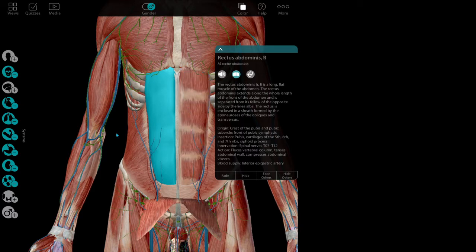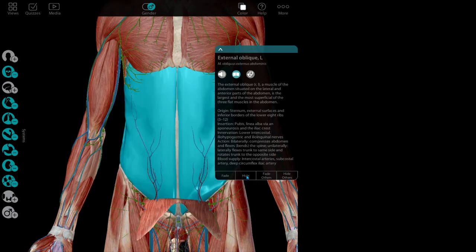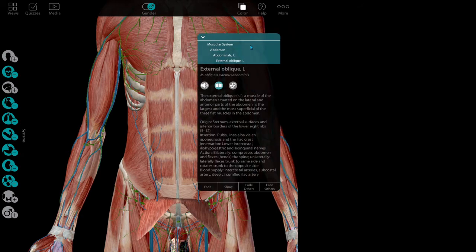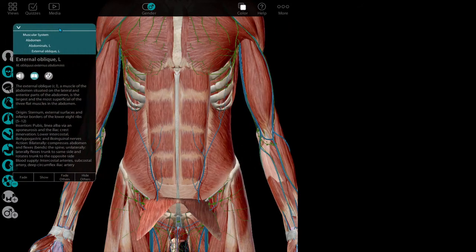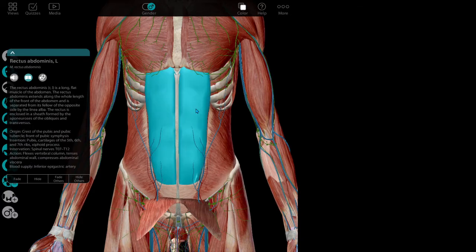So supposedly four packs, but in highly developed muscles, the rectus abdominis has 8 packs, no?